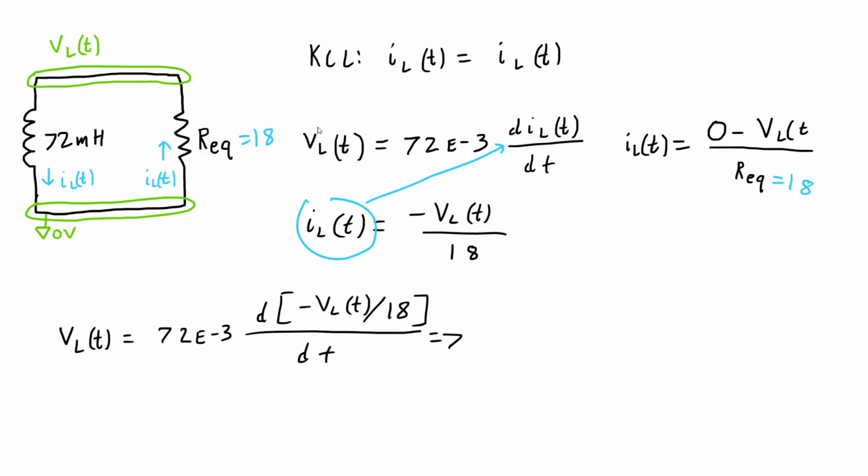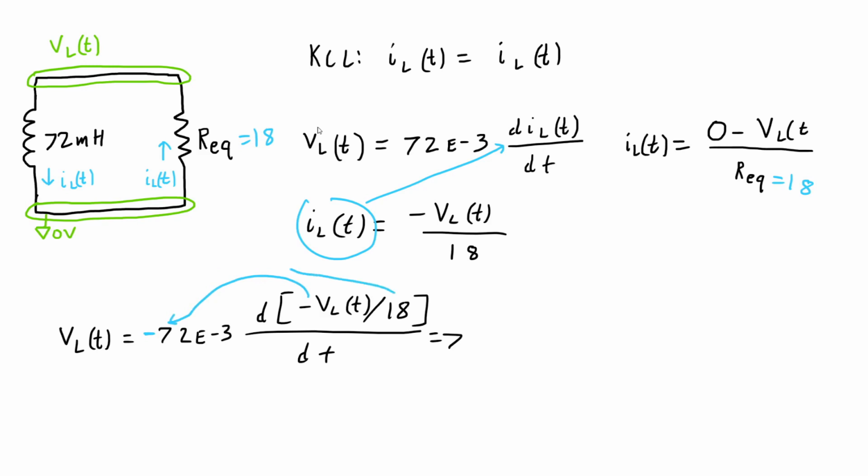So one thing I'm going to do before we do anything else, I'm going to use basically some rules of differentiation. I'm going to pull the minus out and put it in front. So let me actually draw that again. I'm going to pull the minus out, put it in front.